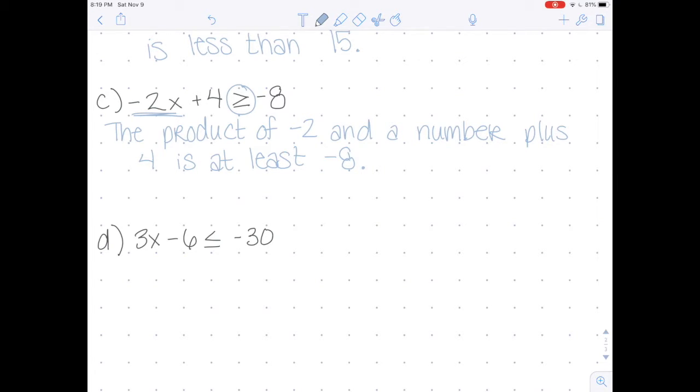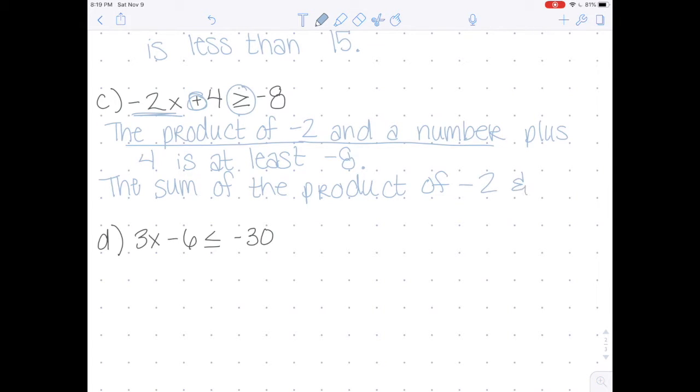The other way we could do this is we could start by thinking about the addition. So we could say the sum of the product of -2 and a number and 4, because that's what we're adding to it, is at least, at least -8, or is greater than or equal to -8.